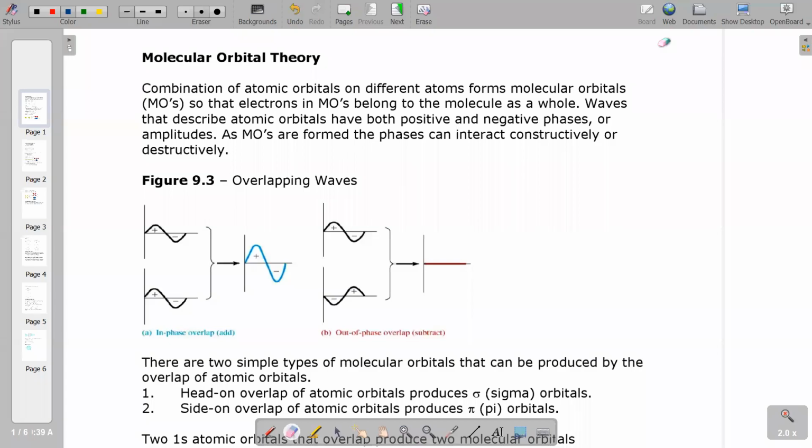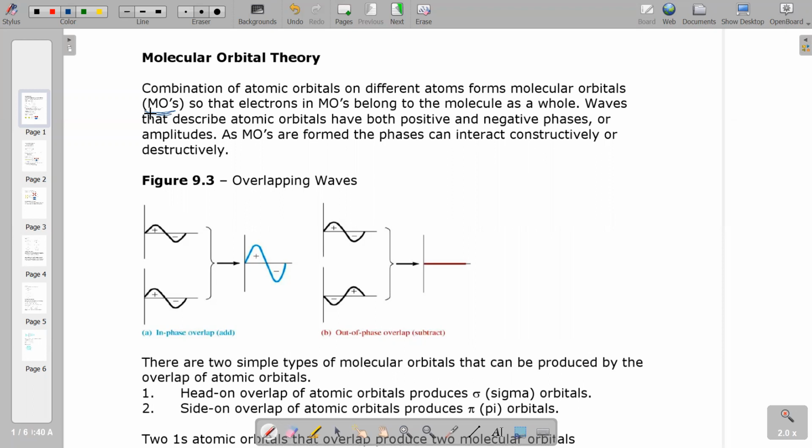All right, let's talk a little bit about molecular orbital theory, and we'll talk about these molecular orbitals being probability functions. So when they overlap to form chemical bonds, that probability function changes, and we call them molecular orbitals, or MOs. So the molecular orbitals belong to the molecule as a whole instead of any individual atom. And so the waves that describe these atomic orbitals have positive and negative phases or amplitudes.